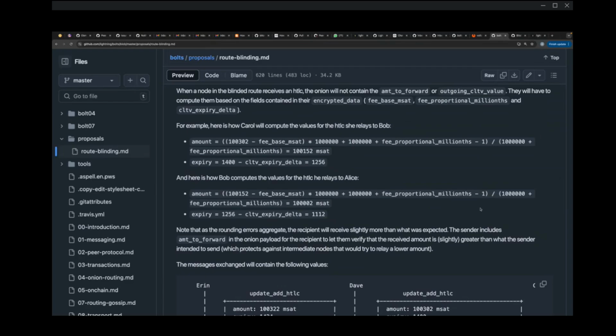The intermediate nodes in the blinding route also have some additional things to do, like deriving the rho key and creating a shared secret and all of those things. And the receiver node obviously creates the blinded route itself. So in each of the parties, you would have to make some changes to the legacy system. So currently, route blinding.